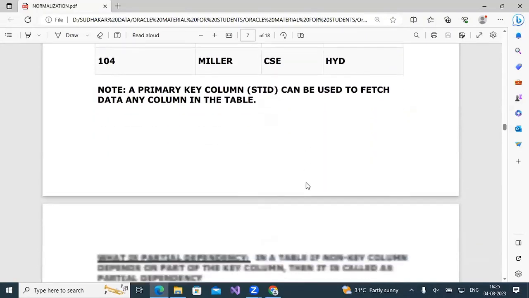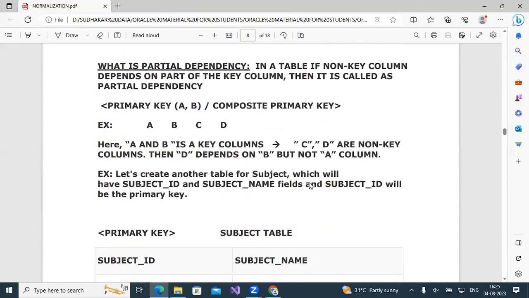But in case your table has partially dependency columns, partially means what now? Not supporting full-fledged. It supports only half of them. So for example, what is partially dependency?